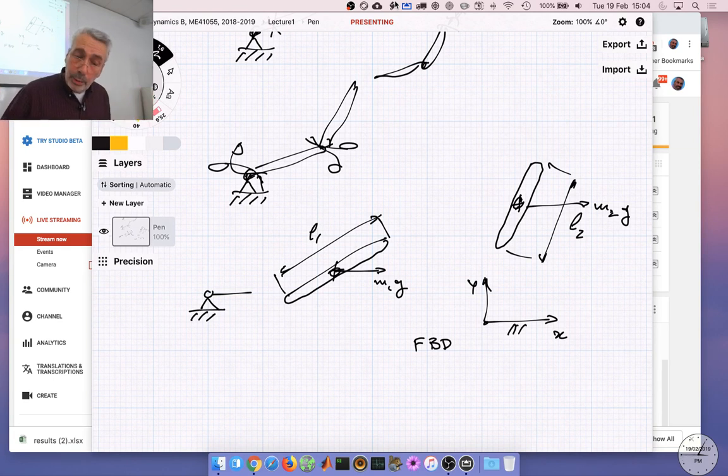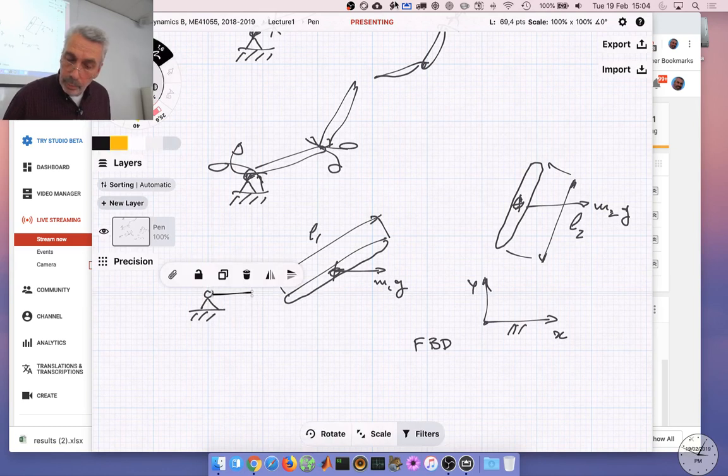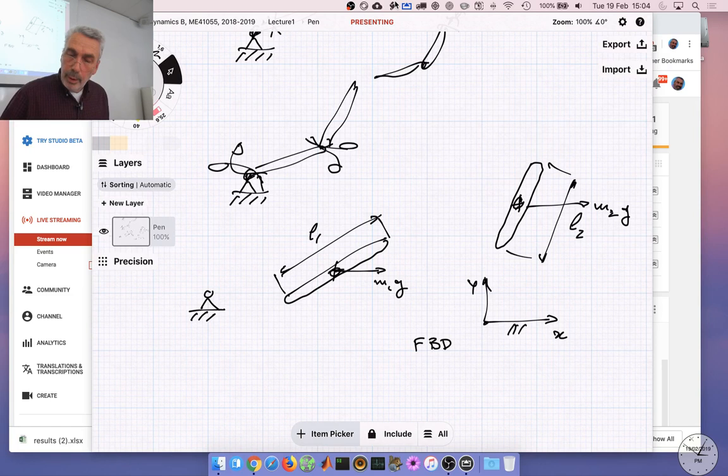But when I cut bodies, this comes at a price, because there should be something here. What did Newton say? Action is minus reaction. There are mutual actions between, for instance, this body and the support.